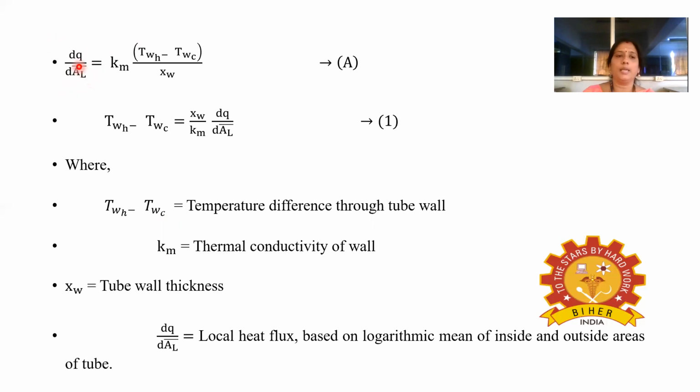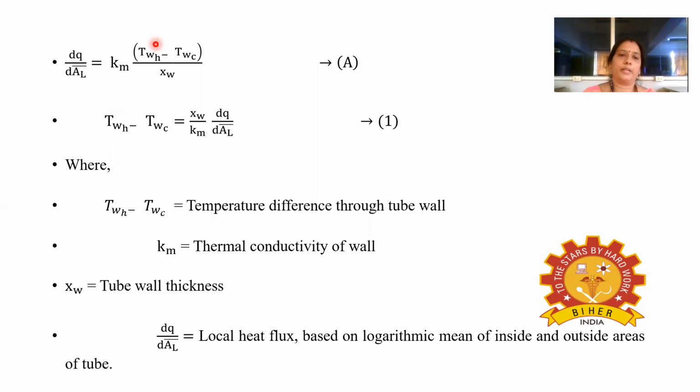So we are considering the A L bar, the logarithmic mean area, which is equal to Km into TWH minus TWC by XW. TWH and TWC are the wall temperature at the hot fluid flowing side and the wall temperature at the cold side, and XW is the thickness of the tube wall.